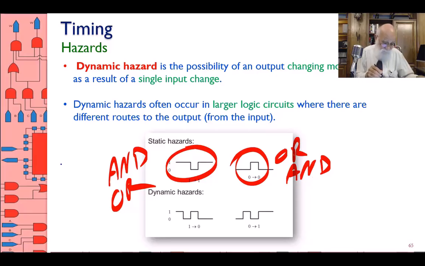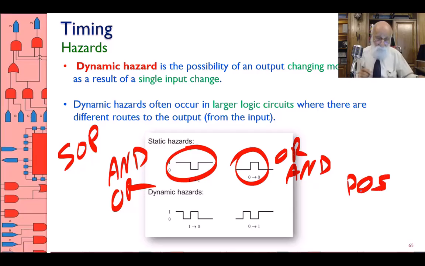The left-hand side, the one hazard, is for sum of product forms. The right-hand side is for product of sum forms. And we are not dealing with dynamic hazards. We are only talking about one input changing from 0 to 1 or 1 to 0.